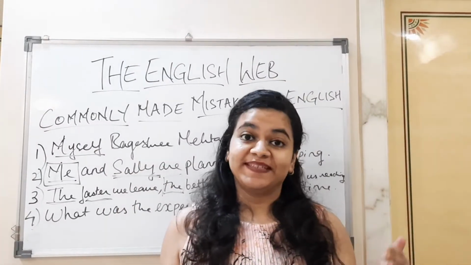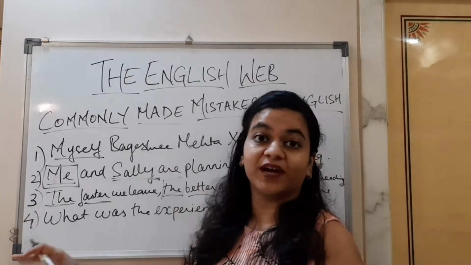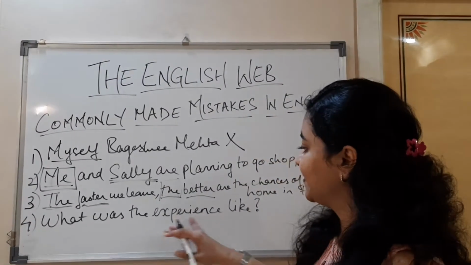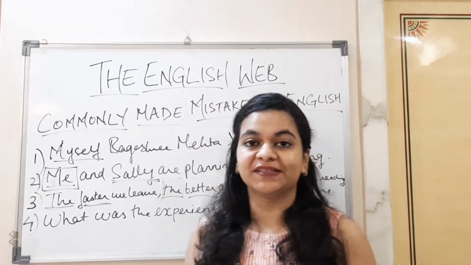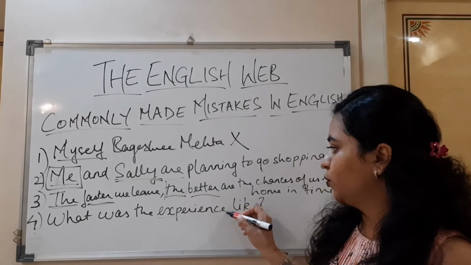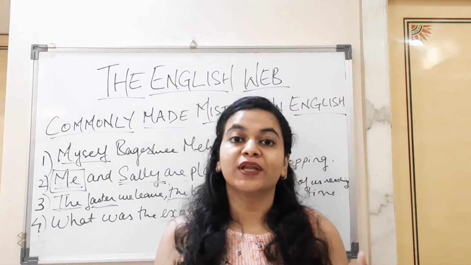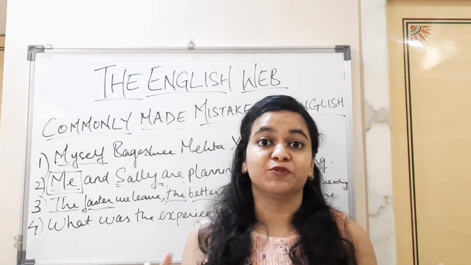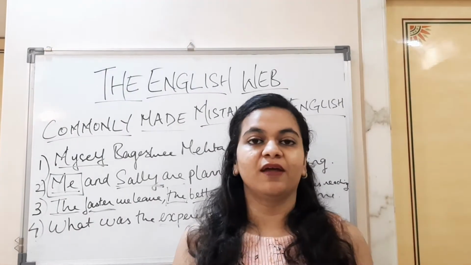The next mistake that we frequently make is with a sentence like this, or rather a question like, what was the experience like? Now this sentence is fine, but what we do is, when we talk about something that is subjective, we forget to use the word like, because you do not have a definite answer when it is a subjective question. In place of this question, if we ask, what was the color of the car?